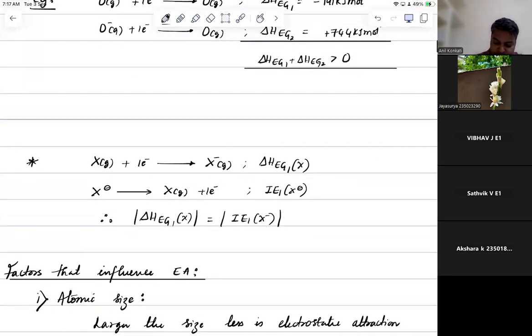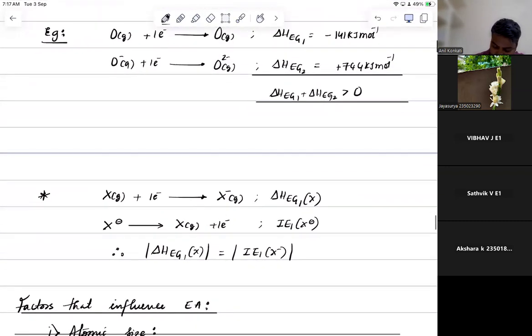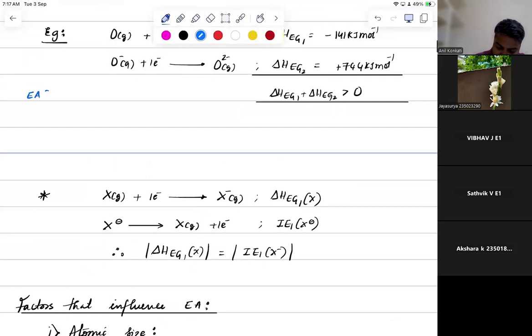And second thing, if you notice the electron affinity of oxygen versus electron affinity of sulfur, the first electron affinity, that is the energy released, will be much higher for sulfur. Okay.